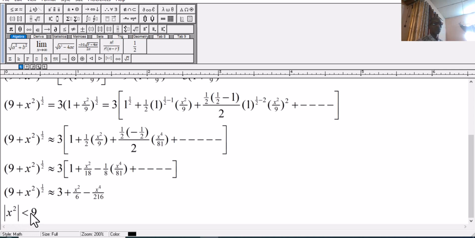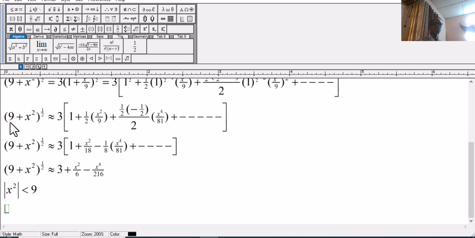So now what you just need to do is find the square root of that. By the time you find the square root, you have 3 there. So the expansion is valid.